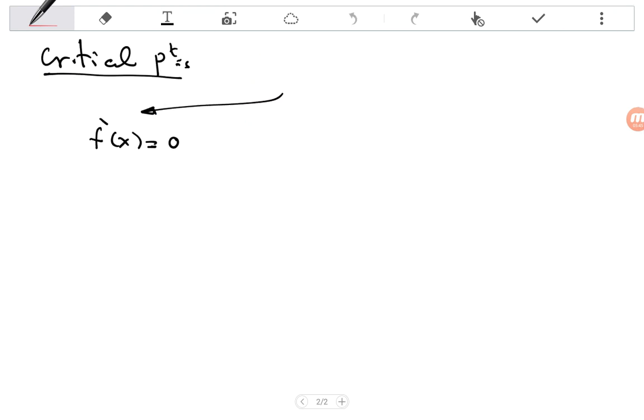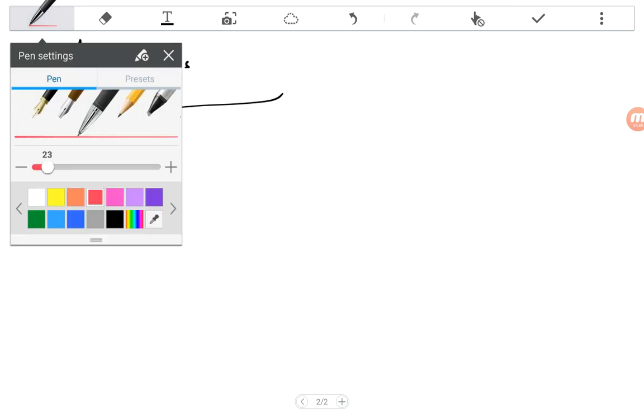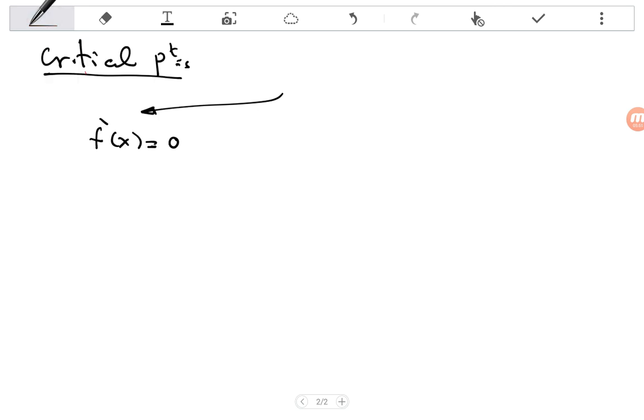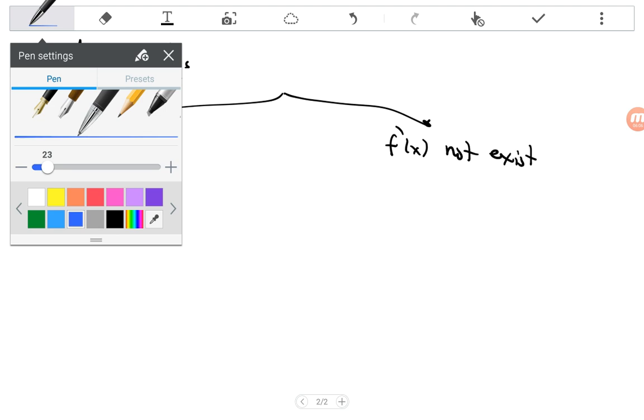But is this the only condition to be satisfied for a critical point? No. There may be other cases for which the derivative may change its sign. What are these other cases? When f dash does not exist. What are examples of these?